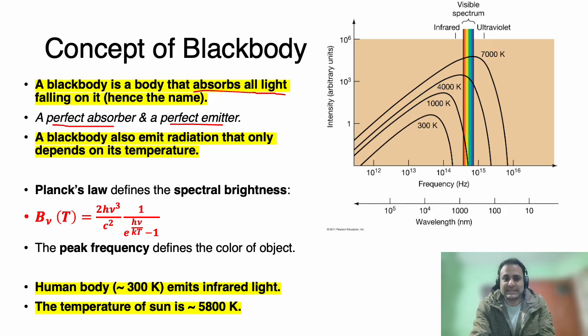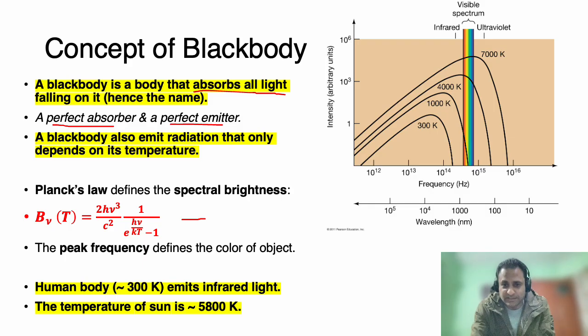So the black body should have a spectrum that only depends on the temperature. This function is called Planck's law. It defines the spectrum or the spectral brightness of a body.